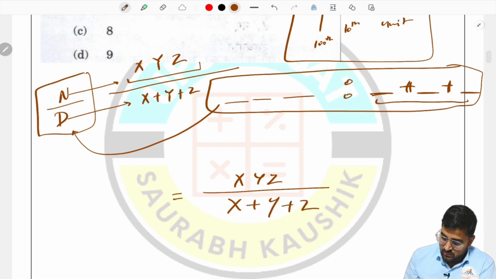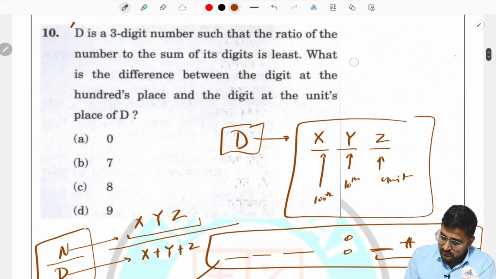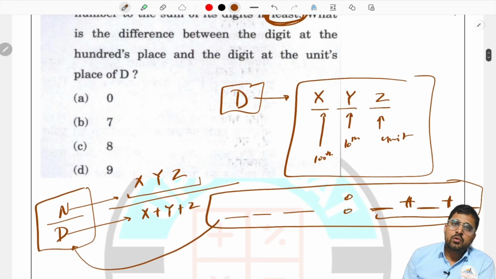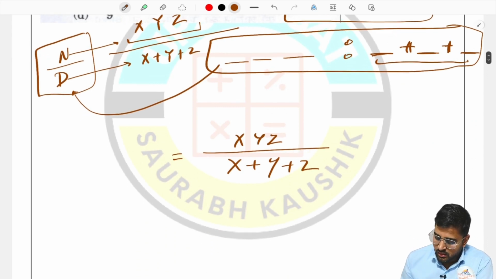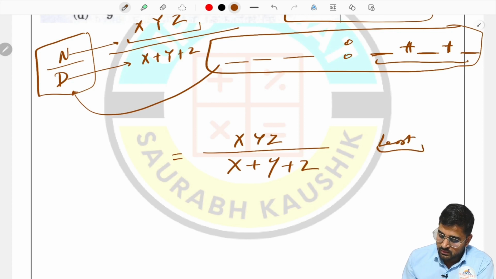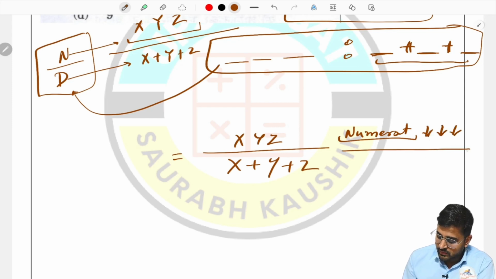Now there is one term called least. Put your common sense and try to understand one thing. If we need a least, then the numerator should be very less and the denominator should be very high.